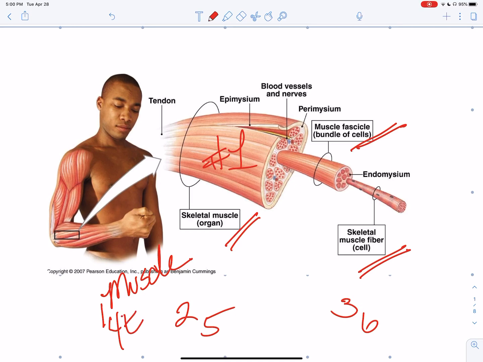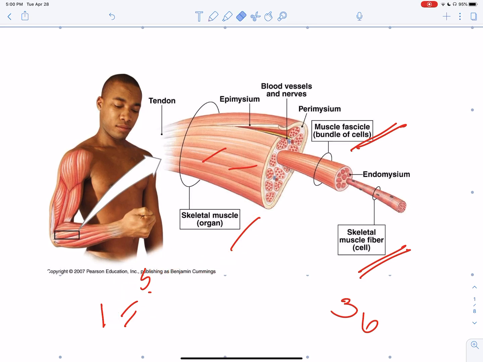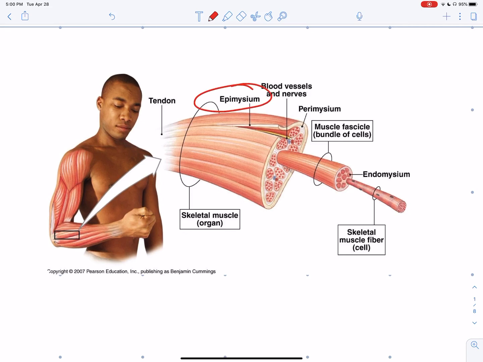That would be the epimysium. We have linings and coverings that cover and separate one organ from another. The muscle belly is covered with the epimysium.